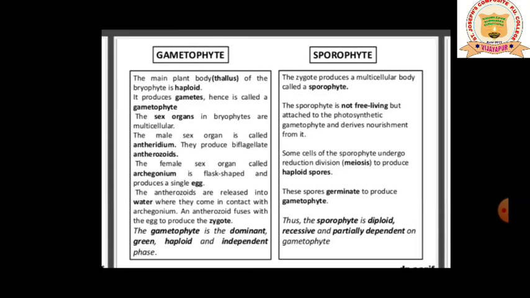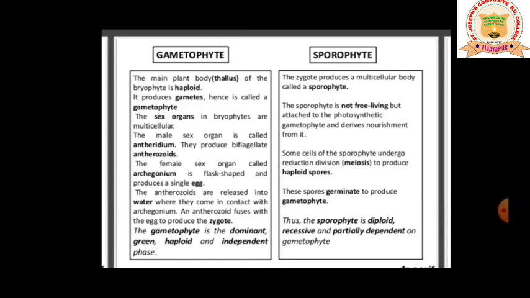The sex organs which are going to form in the gametophyte of the bryophyte are multicellular, the antheridium and the archegonium. Now the sporophyte is not free living but attached to the photosynthetic gametophyte and derives nourishment from it. The male sex organ is called antheridium and produces flagellate antherozoids.